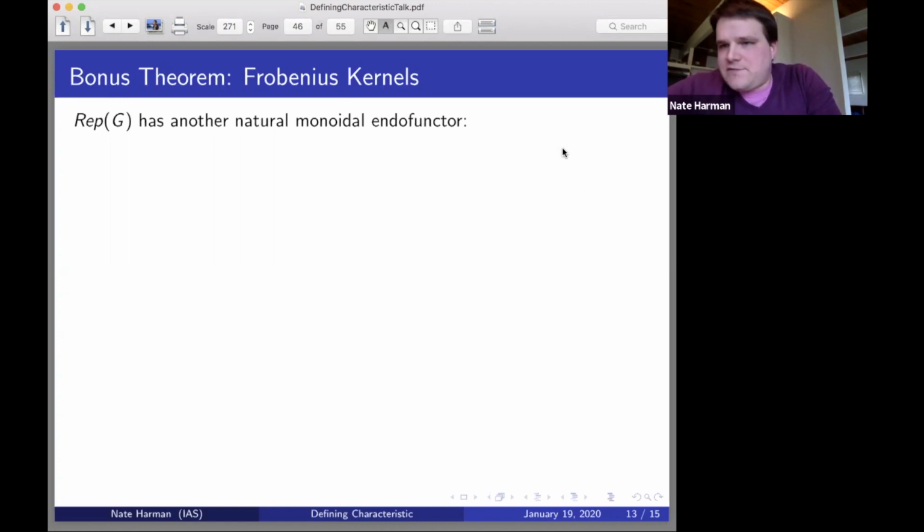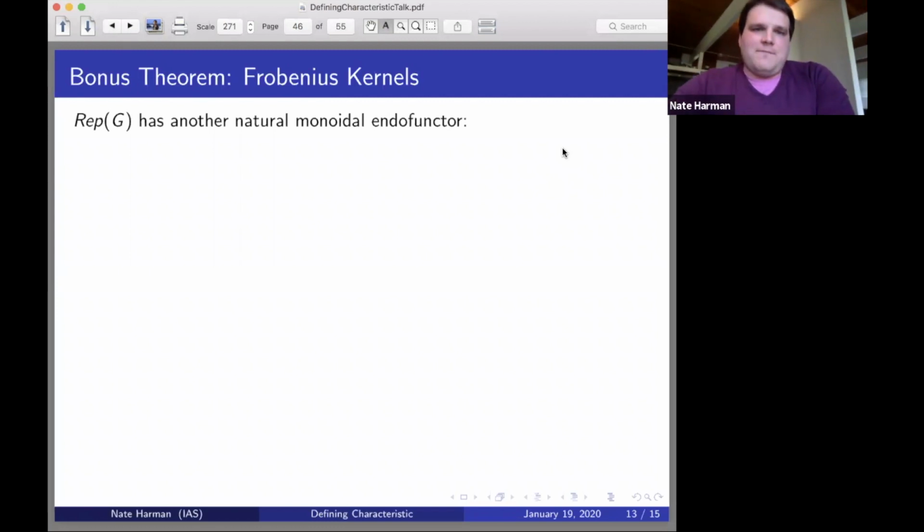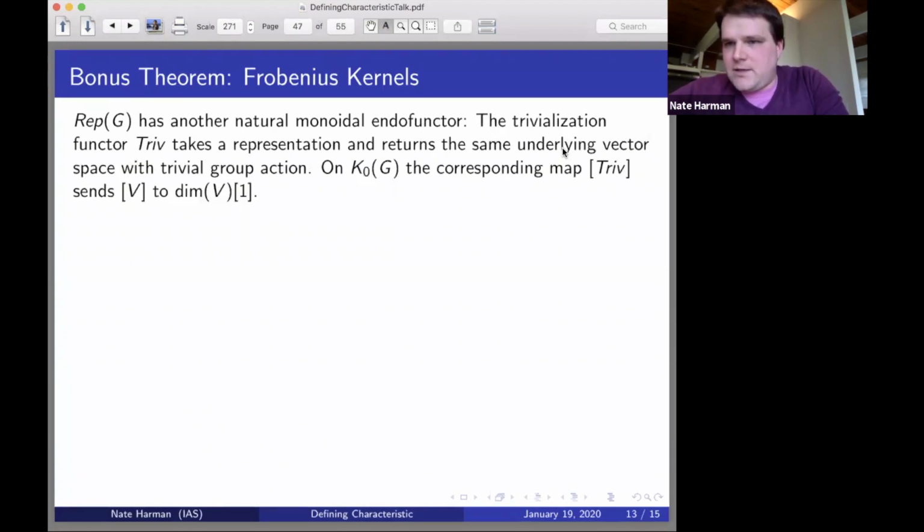Representations of G, in addition to having the identity functor and the Frobenius twist functor, have another supernatural monoidal functor. It's maybe not one that we think about terribly often, but this functor is the trivialization functor. You take a representation of your group and send it to the same vector space, but with no group action.